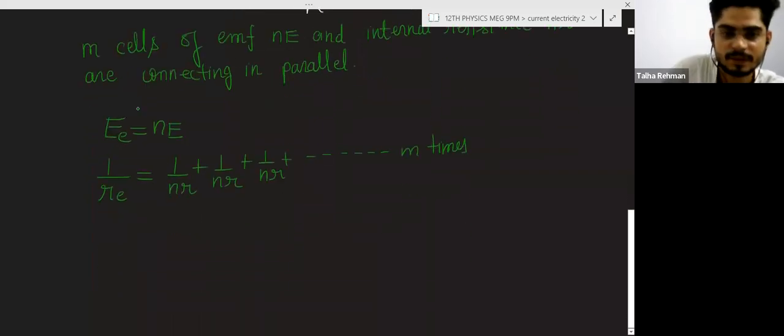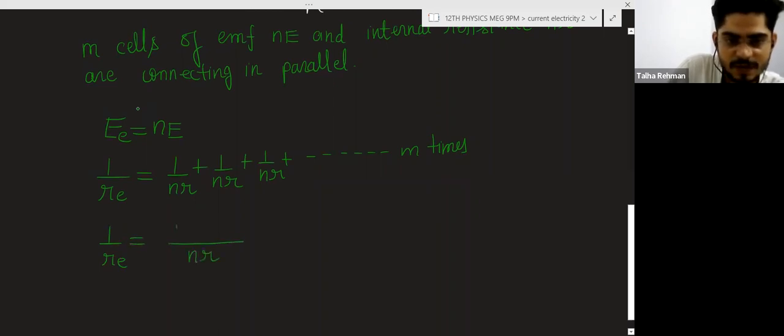Taking the LCM of nR, you will add 1 plus 1 plus 1, 1 m times.